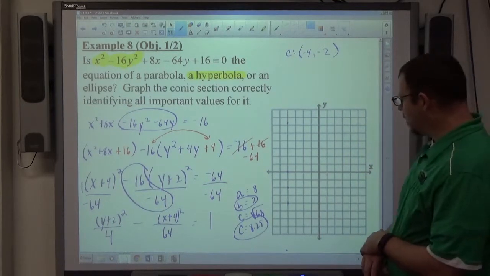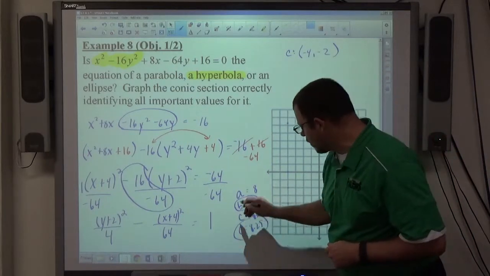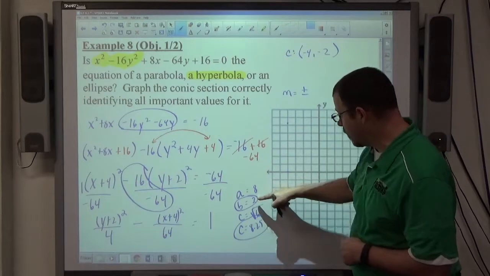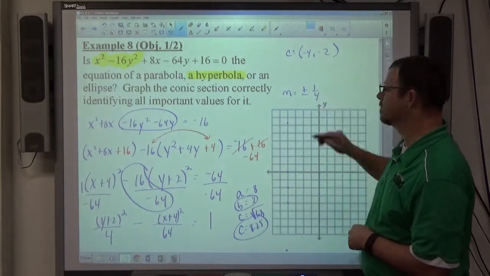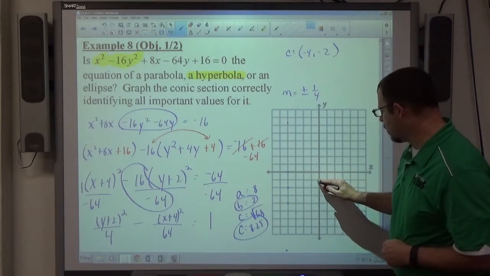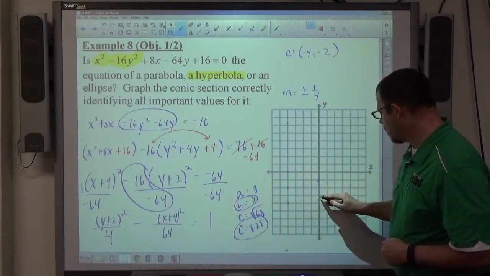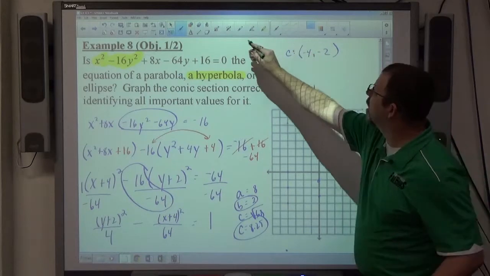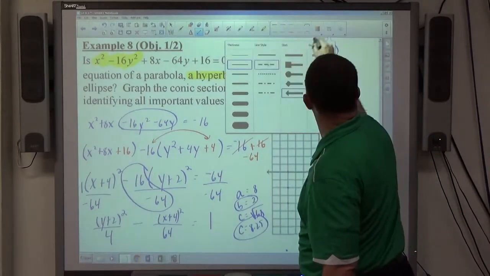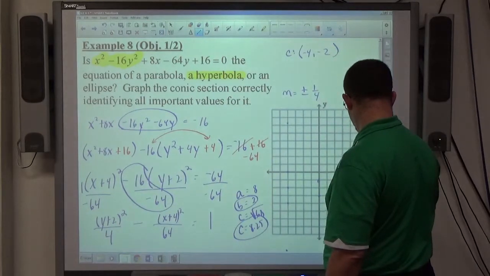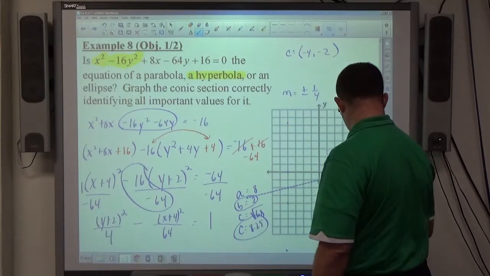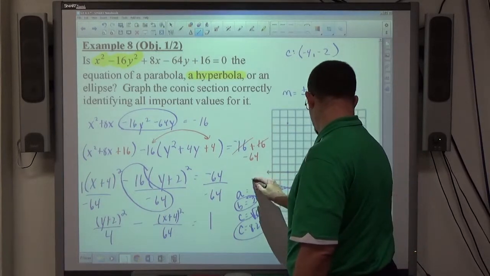And finally, the asymptotes, the slopes of the asymptotes. I'm going to put that here. m is equal to plus or minus b over a, which will be 2/8, also known as 1/4. So if I go with my center, go up 1/4 and down 1/4. Connect those dots with a dotted line, like so.